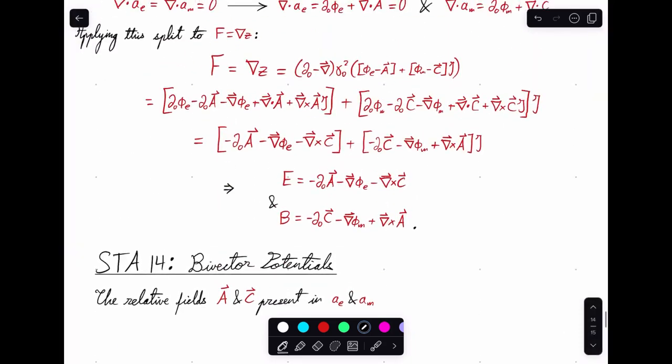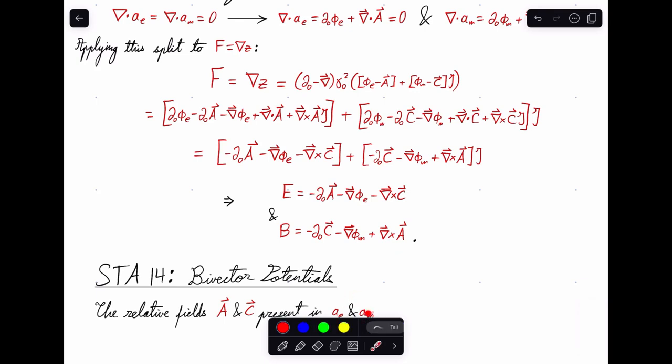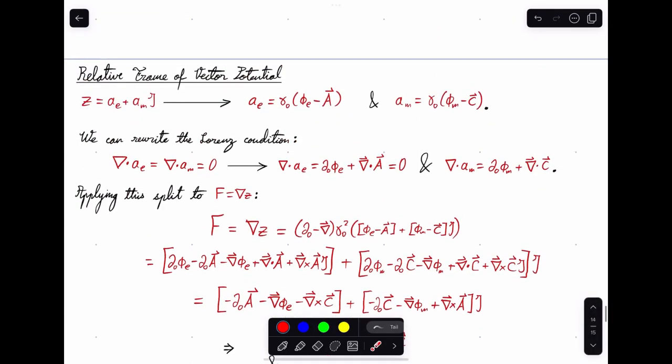If you recall correctly, these AEs and AMs come from the vector potential right here, the complex vector potential. And the A is the part of the AE, and the C is part of AM.